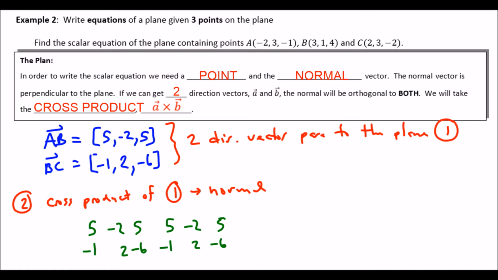Alright, let's go. So the first coordinate will be 12 minus 10. So the normal will be 12 minus 10. The next one, let's do it in blue. So it's going to be negative 5 plus 30.